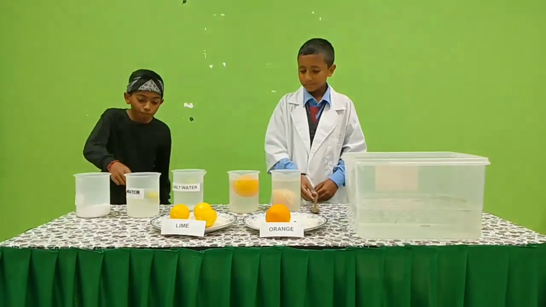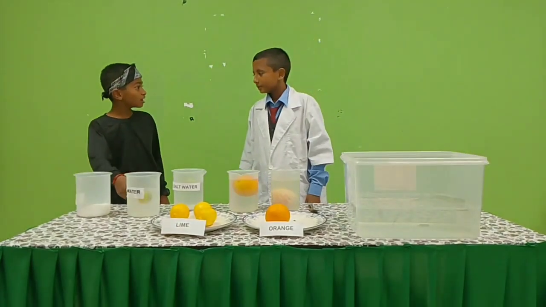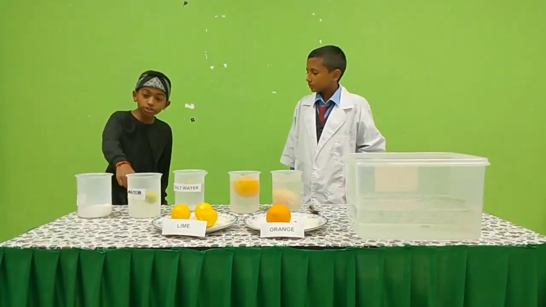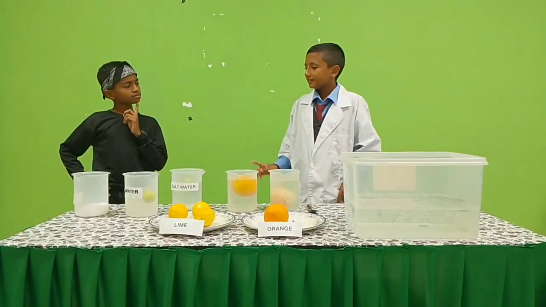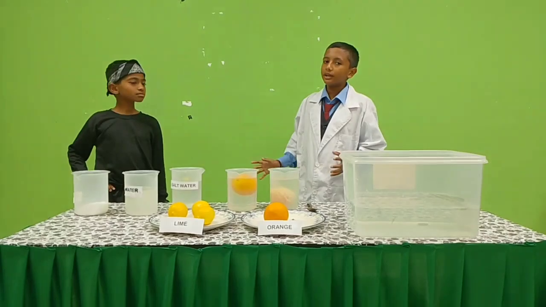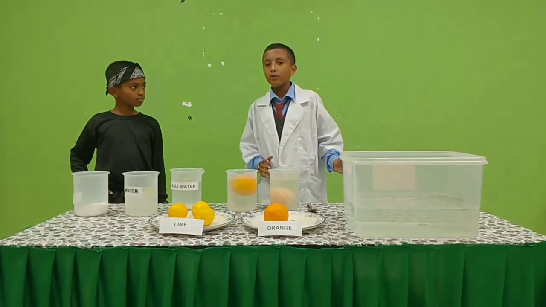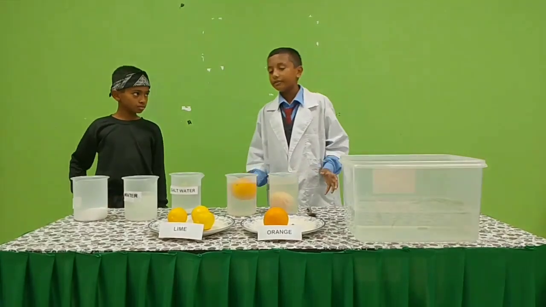Huh? It floats. How is this possible? So salt makes the water even denser? Exactly. Salt increases the density of the water. So now the water is denser than the lemon. So the lemon floats.